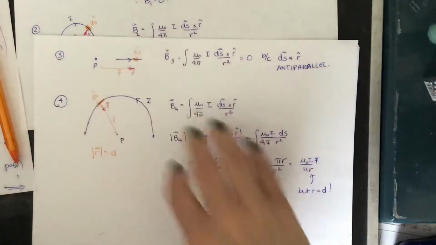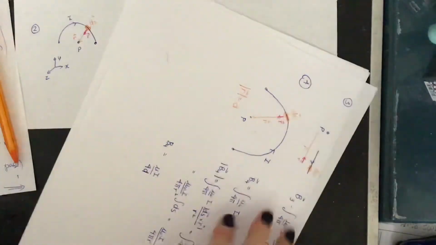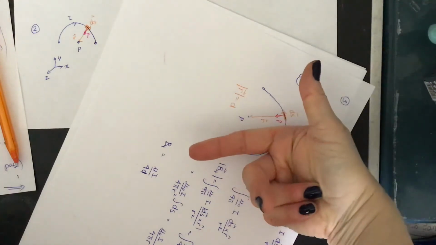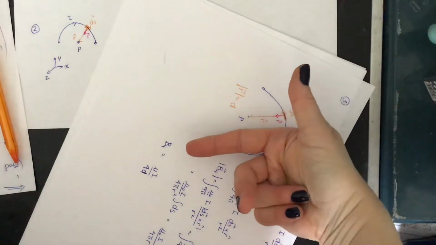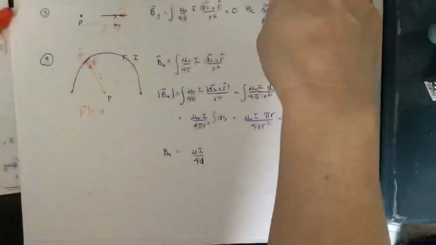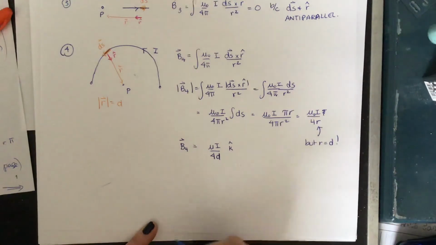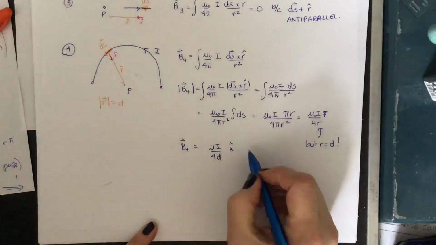Or we can do ds cross r hat gives B out of the page. Either way is fine, they both give the answer. So the magnetic field is out of the page, and in Cartesian coordinates that would be a k hat or positive z, and we can put in brackets out of page.